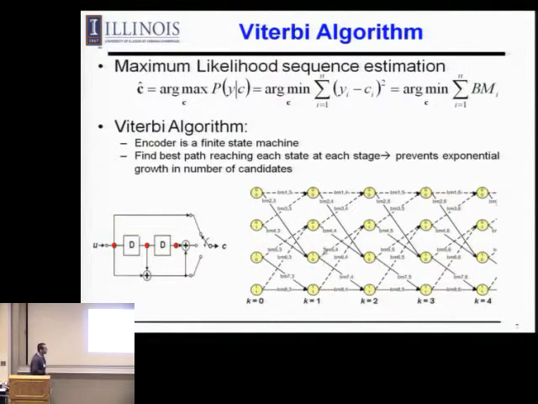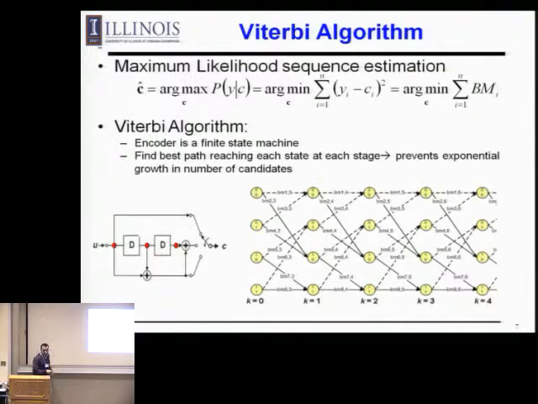The trellis has sets of states which represent the state of the encoder, and depending on the input bit, it can have different transitions. At each state, you accumulate a path metric which represents the reliability you have in each path in this trellis. And each branch has a branch metric, which is the difference between the received bit y and c.